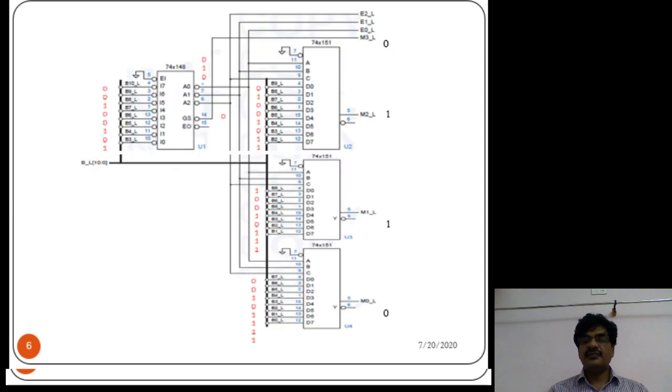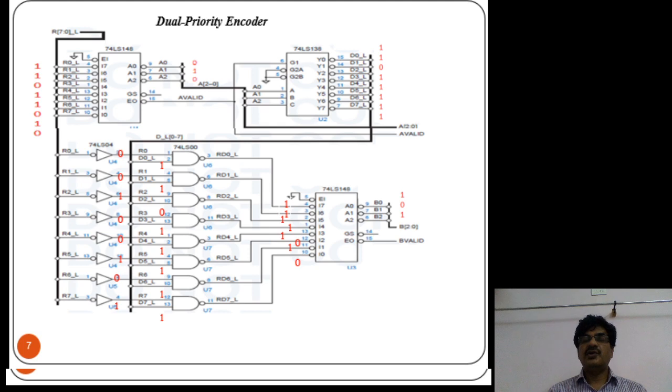Then coming to the dual priority encoder, another system. What is the purpose of the dual priority encoder?